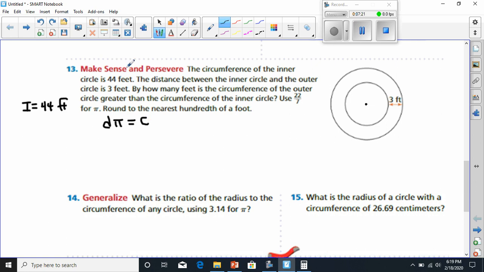Well, if this is true, we know the circumference is 44 feet, so we're going to change out circumference for 44. And I said pi is 22/7. And that's going to be multiplied to my diameter. This is interesting because since I'm multiplying this to it, I'm going to have to multiply it to the inverse to get rid of it, right?